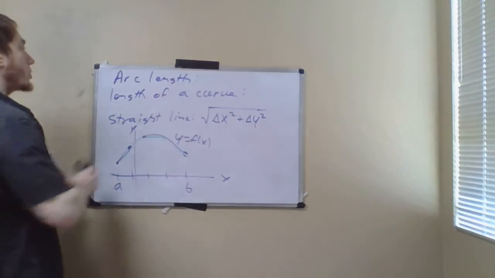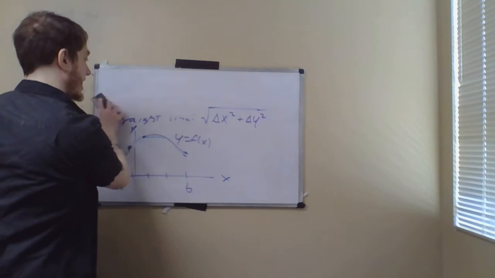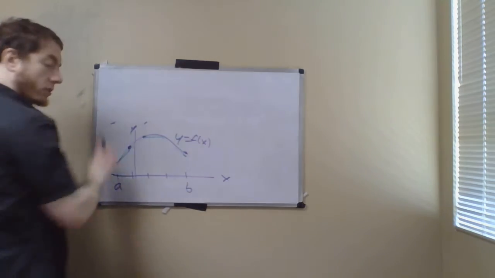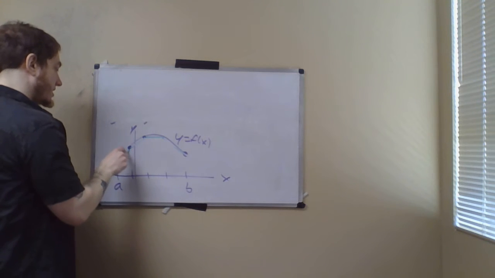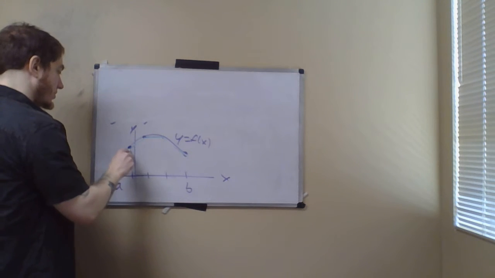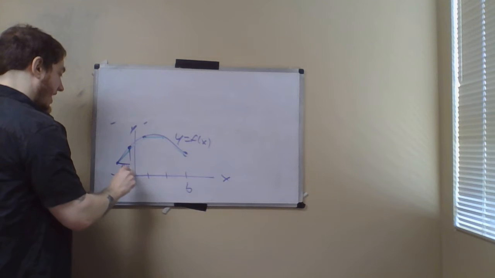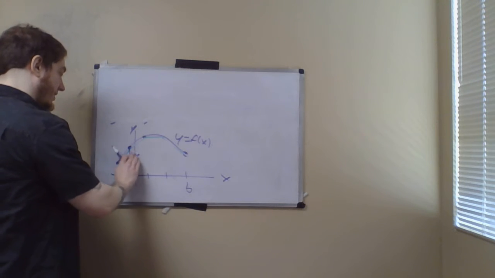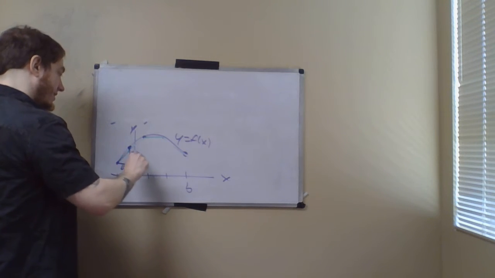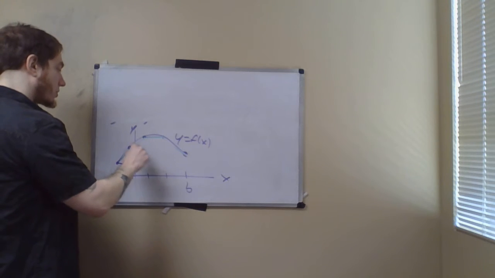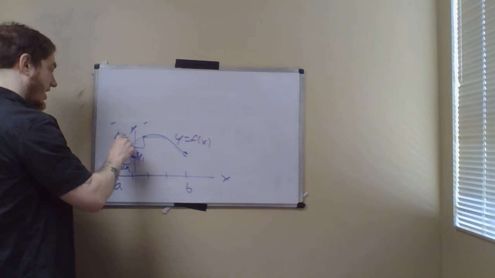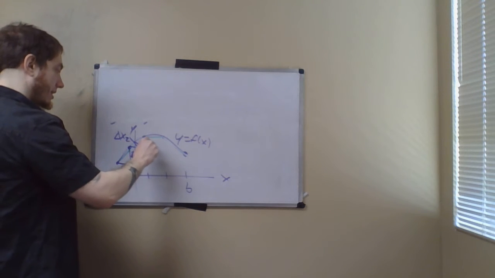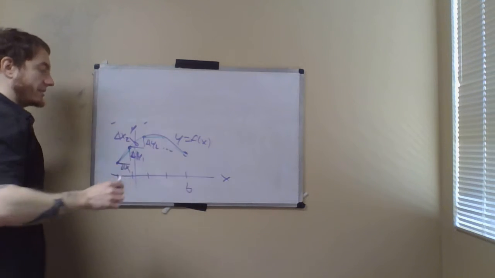And so what we're going to do is denote each of these as delta x1, delta y1, and then we're going to have delta x2, delta y2, and so on.